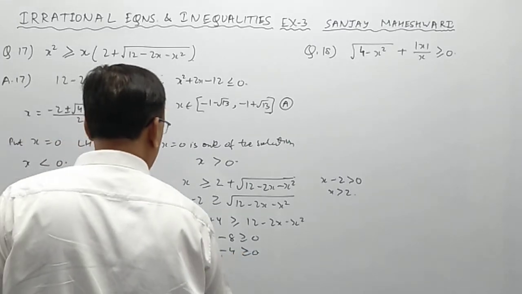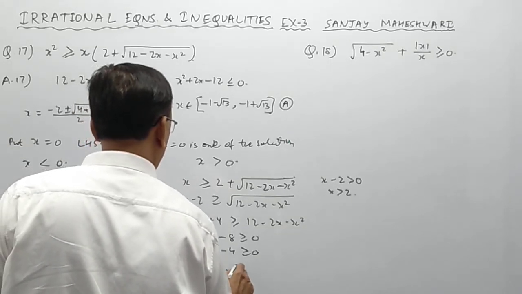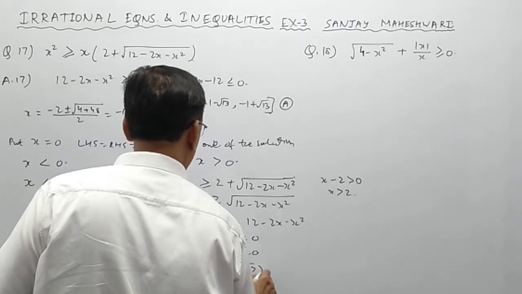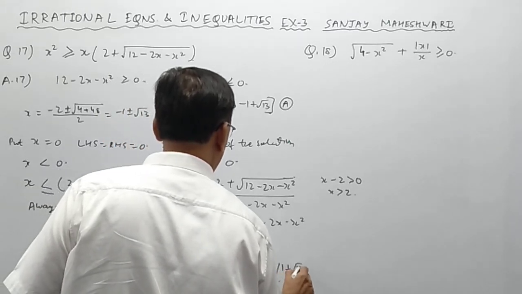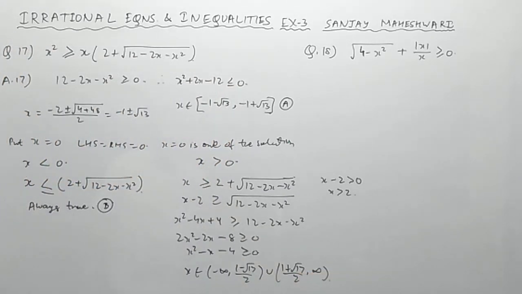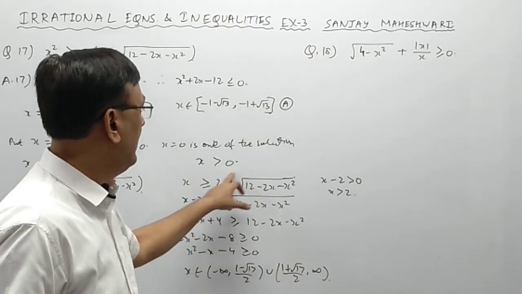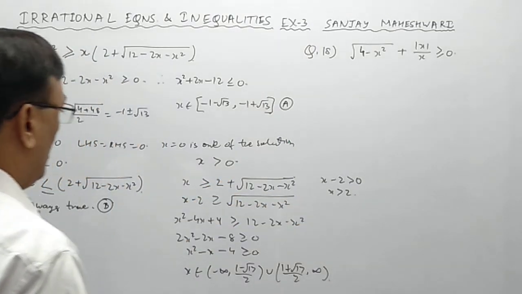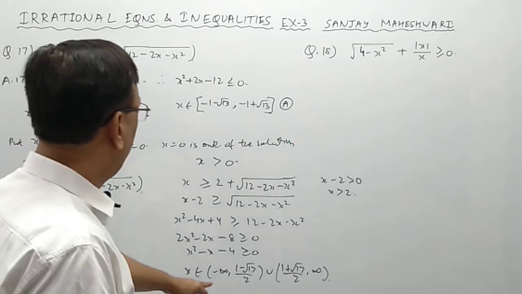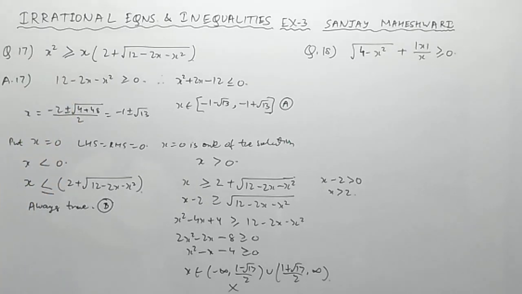So x belongs to minus infinity to 1 minus root 17 by 2, union 1 plus root 17 by 2 to infinity. But we started with the condition x greater than 0 and x should be greater than 2 also. So we can clearly see that this is negative, so this is not valid here, so this gets cancelled out.